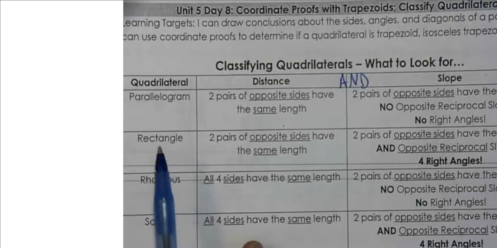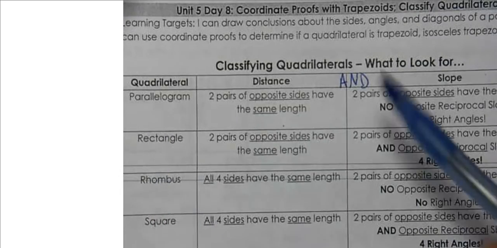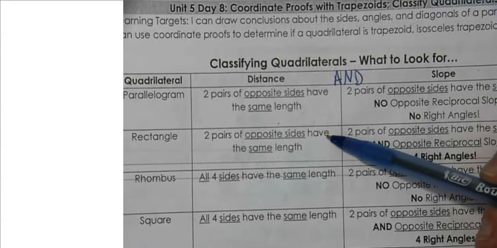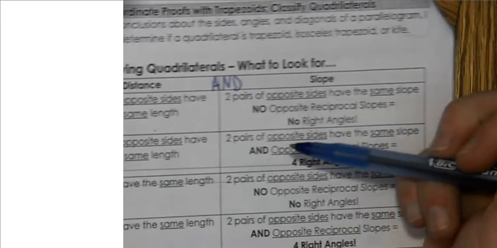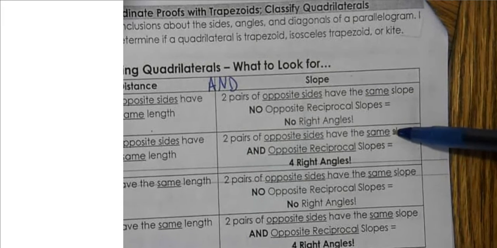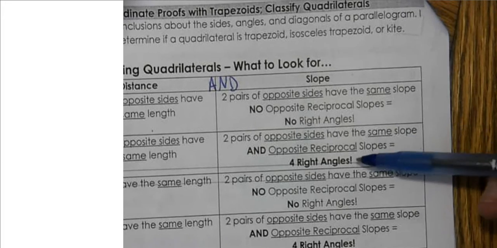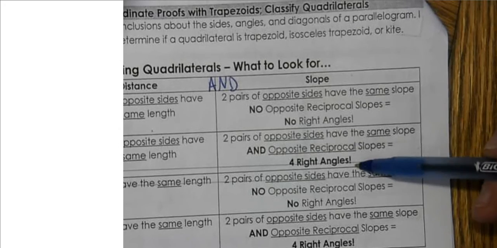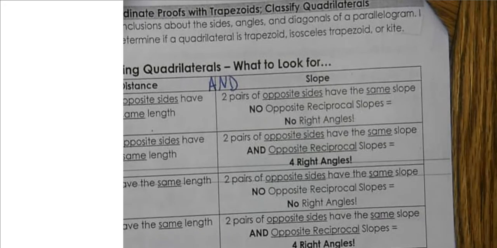For a rectangle, if you notice that the opposite sides have the same length, and after analyzing the slopes, you notice that you have two pairs of opposite sides that have the same slope, and those slopes are opposite reciprocal slopes, then that means that we have four right angles and we have ourselves a rectangle.